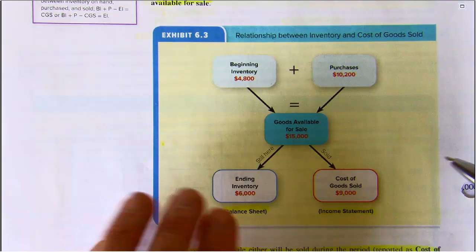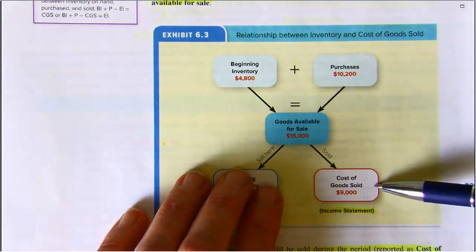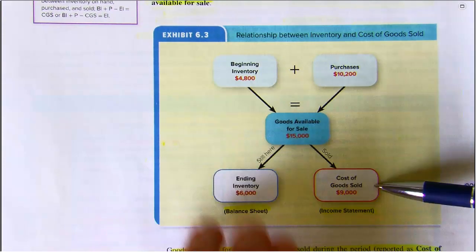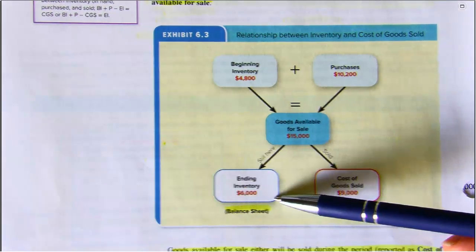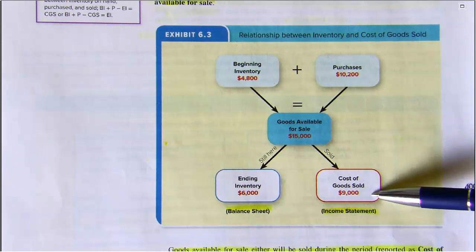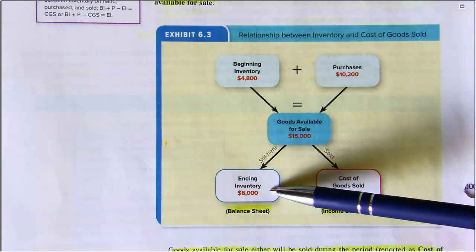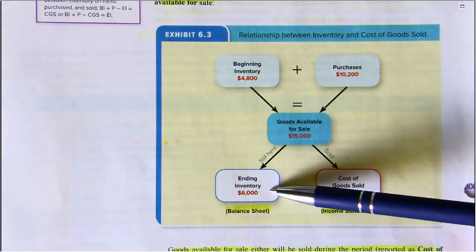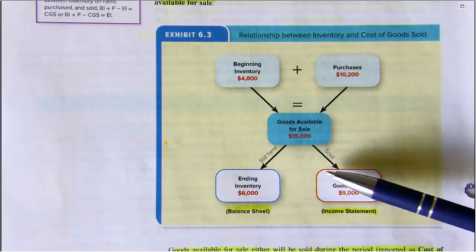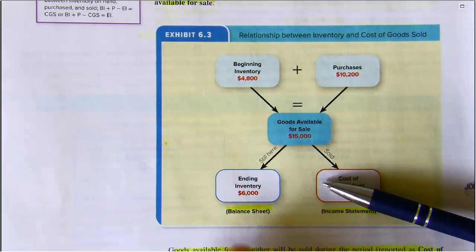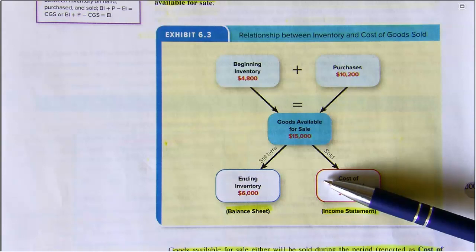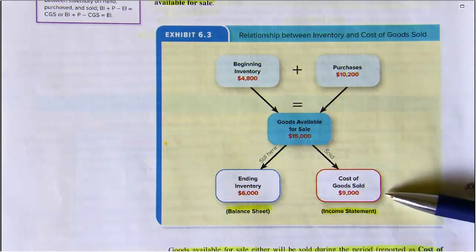If, for example, we know what was sold, we could calculate by subtraction what should be left. 15,000 minus 9,000 should leave us with $6,000 in our ending inventory. If we know what's left, our ending inventory, we could calculate by subtraction what we sold, $9,000.